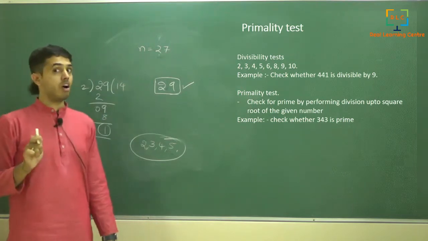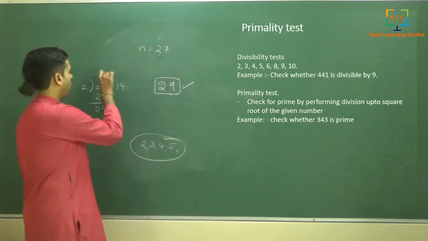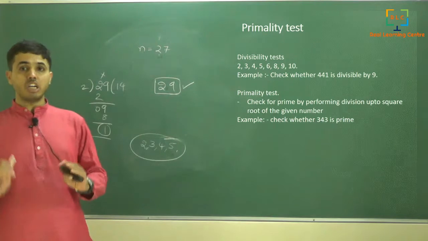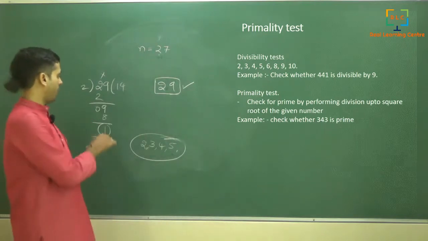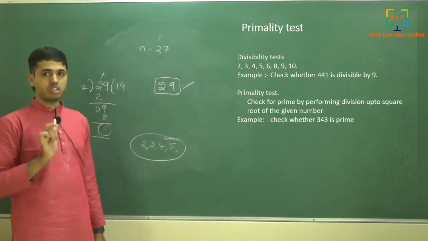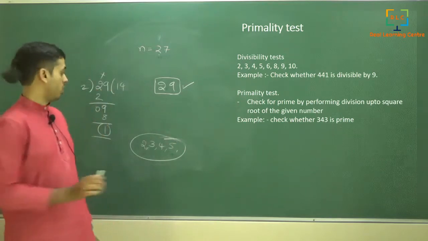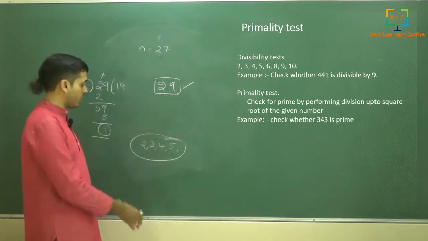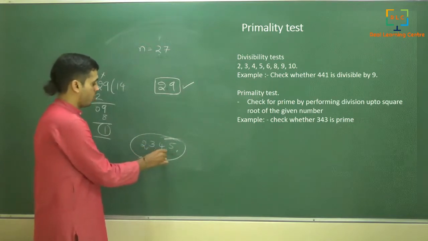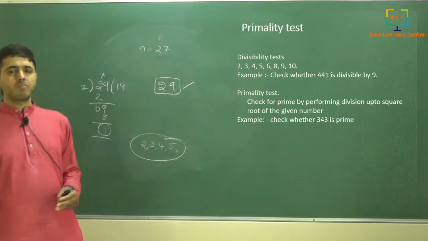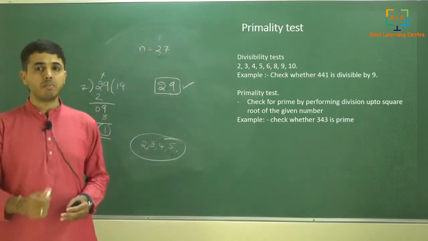Since the remainder is not 0, this is not perfectly divisible. In this way you perform actual division and find the remainder is not 0. Therefore it is not perfectly divisible. If you want to check divisibility for 2, 3, 4 and 5 this way, the process looks a bit tedious and takes time.